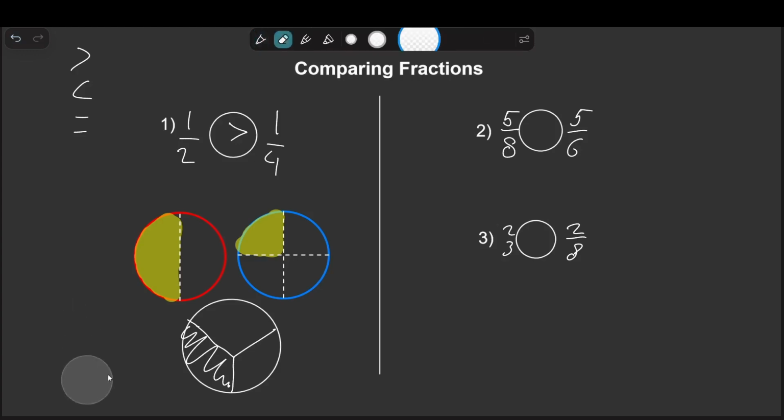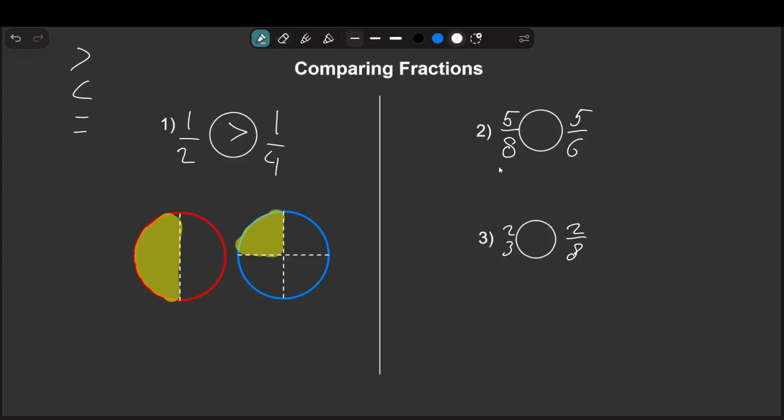Now I showed you a couple of examples. Let's go to the second example. Now we're not going to draw circles for these two. We have 5/8 and 5/6. We can see that the numerators are the same, so we have to compare denominators. The one with the smaller number is larger or greater than the one with the bigger number.